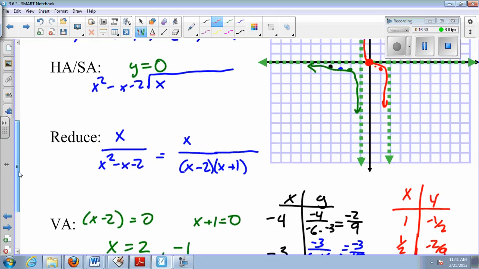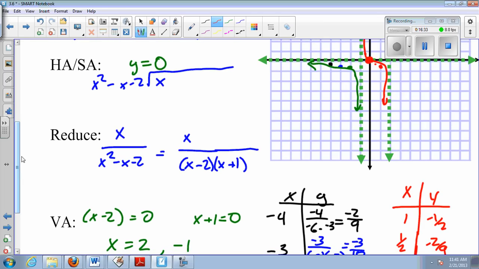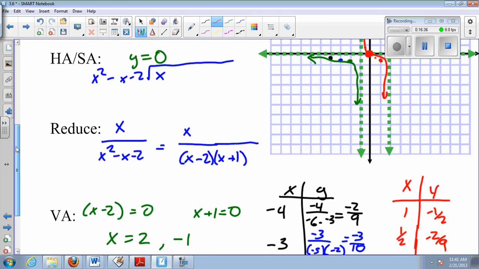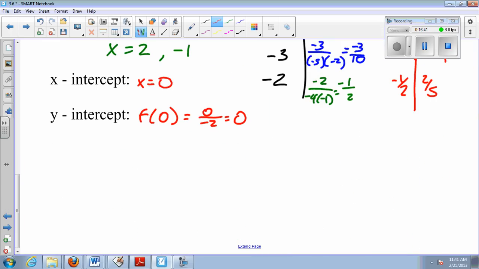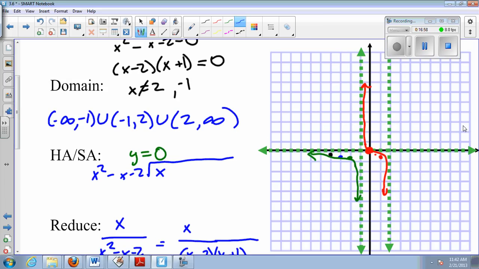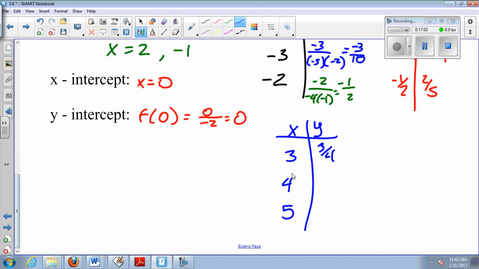Alright, and our third area. We need values of 3, 4, and 5 for our table. Three is going to go to 3/4. 4 is going to go to 2/5.